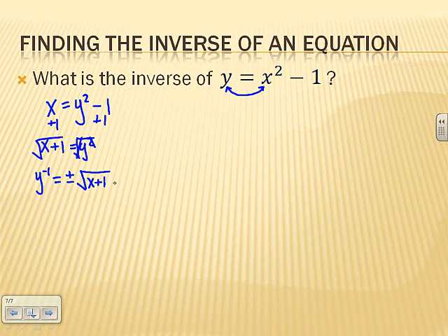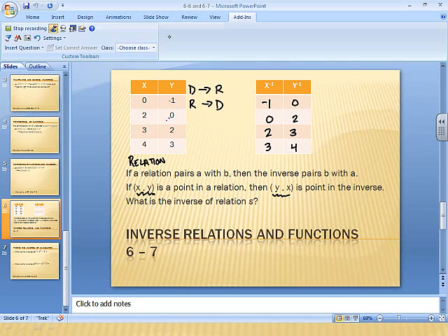Now, to determine if something is a function or not, you need to ask yourself, for every x value that you plug in, how many answers do you get? If I plug in the number 3 here, 3 plus 1 is 4, and the square root of 4 is 2. But I have a plus or minus.